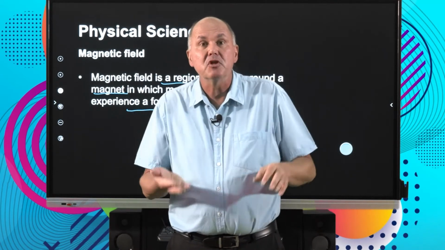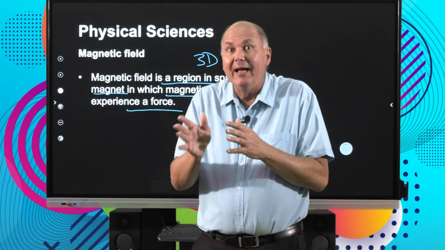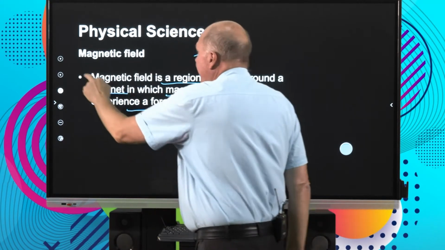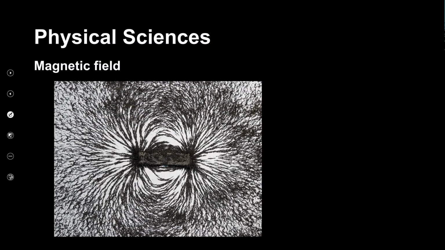This becomes a really interesting way to represent a magnetic field. So we can take a bar magnet, put a piece of paper on top of it, sprinkle some iron filings and tap the paper. You know what? All of the little iron filings start to align themselves to the magnetic field. And so that's the diagram that I've got here.